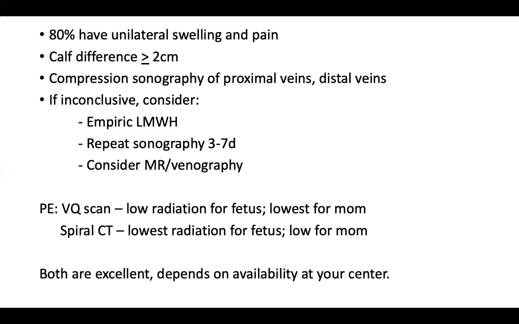The VQ scan is not as black and white as the spiral CT. And spiral CT is not perfect, but it is a much more black and white type of tool to diagnose pulmonary embolism. So I think at most institutions, CT angiography is the one that goes to. Donna, is that what you guys do at MUSC? And Dr. Gailey? Absolutely. That is what we do.